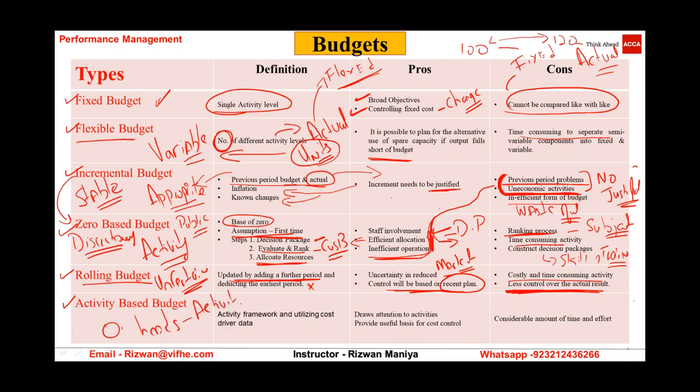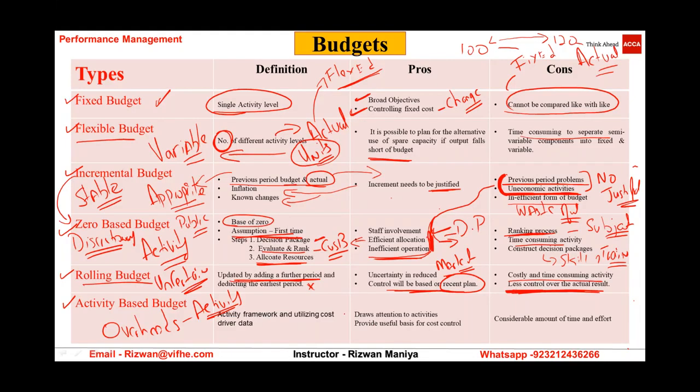So what we do, we break the overheads into certain activities, and for each activity we make a budget, like for inspection, material handling, setup. So this means we make budgets for different types of activities, and it does use principles of activity based costing as well. So activity based budget means preparing budgets for different activities like inspection, material handling, and setup.